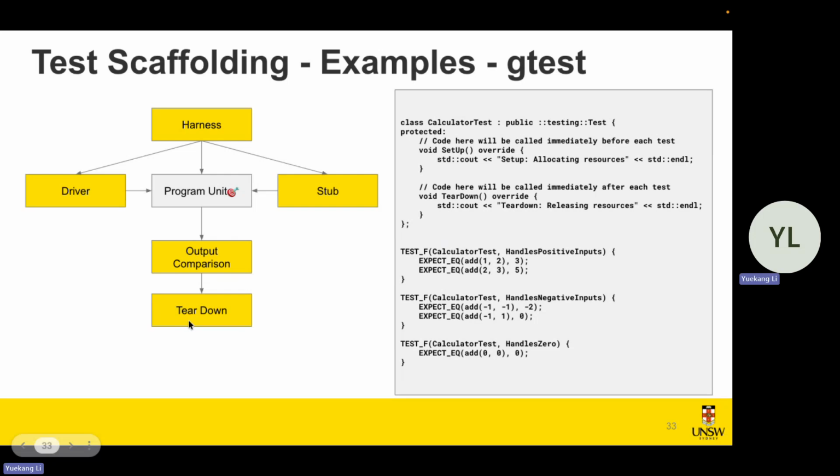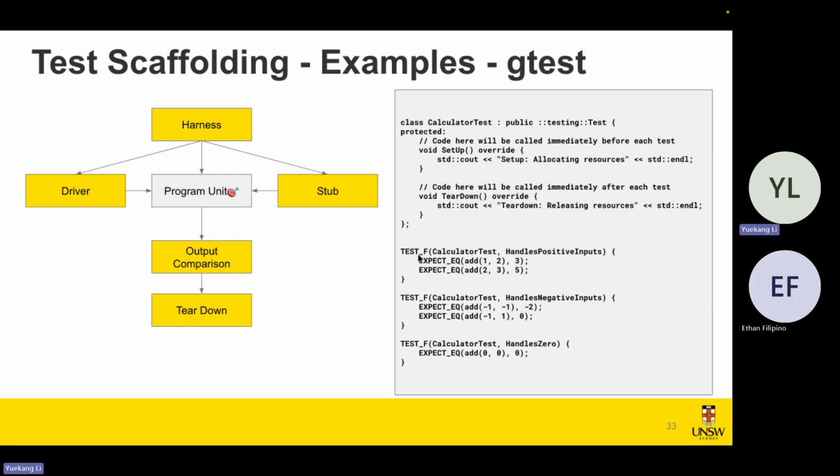And let's see another example for gtest. This gtest is kind of similar to JUnit, right? We also have setup and tear down functions, and each one of the functions here is written with a macro, and each macro is invoking the add function with a concrete test case and doing the output comparison here, right?